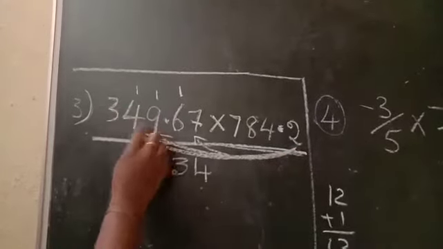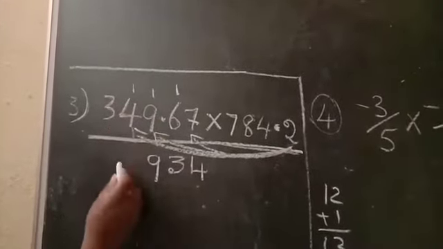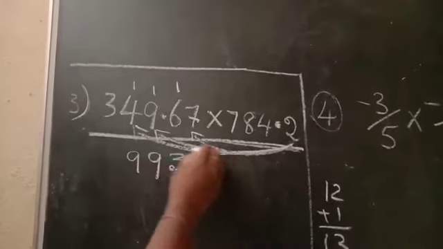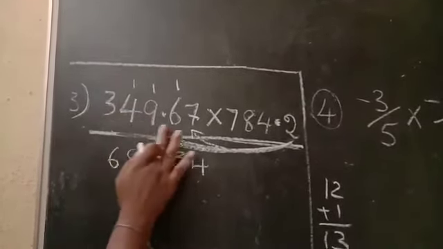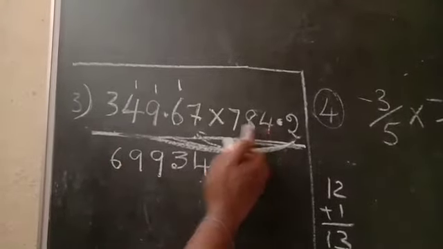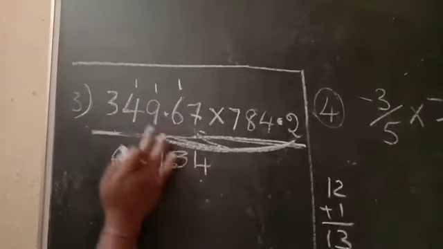Next 2 4s are 8. 8 plus 1 is 9. Next 2 3s are 6. Now we are going to multiply 4 with these digits.